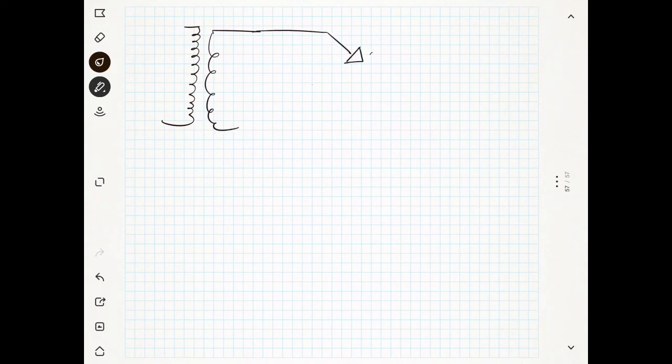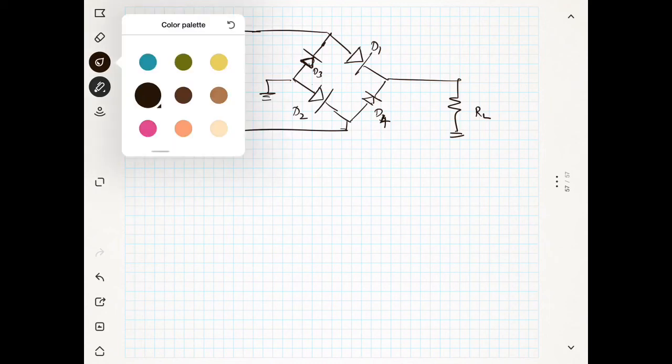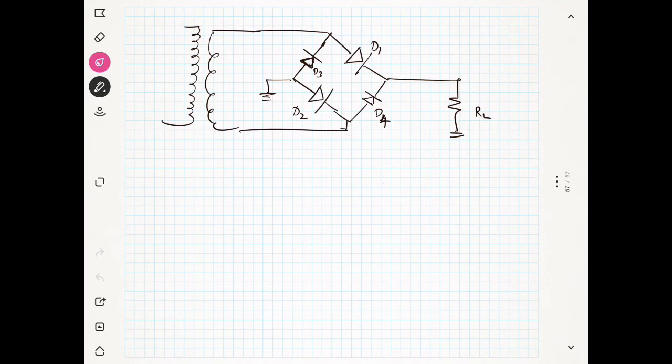So you have D1, D2, then D3, and sorry, this is D3 and this is D4, and this is the ground. It's connected here, and this is the polarity, this is the RL. During the positive half cycle, I will use the red color.